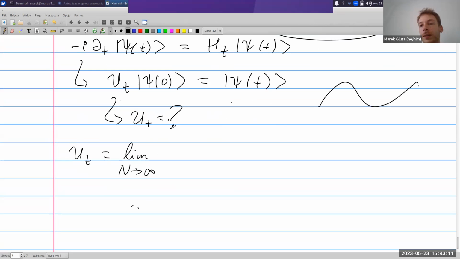So for example, if I would have my cosine, I would chop this interval into small pieces, and I would consider a piecewise constant sequence of those values of this cosine here. And in this interval of size delta t, which is the total duration of the evolution divided by our n, then in this duration, I would have my Hamiltonian h of, for example, delta t, if I consider the Hamiltonian here.